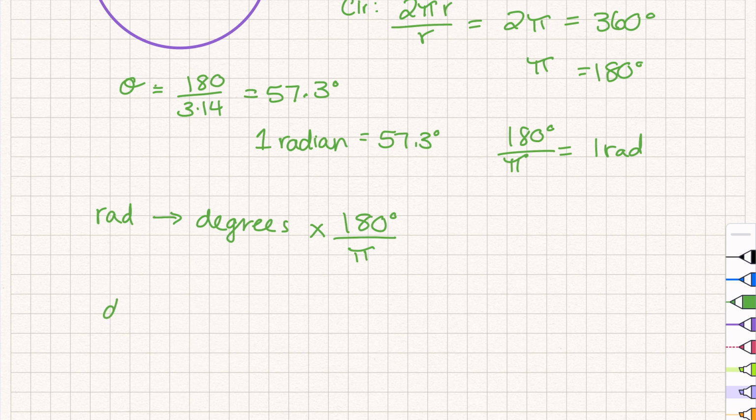However, if we're converting from degrees to radians, what are we going to multiply it by? We're going to multiply it by pi over 180. So we're going to look at a few examples. We're going to find some of these angles in radian measure.